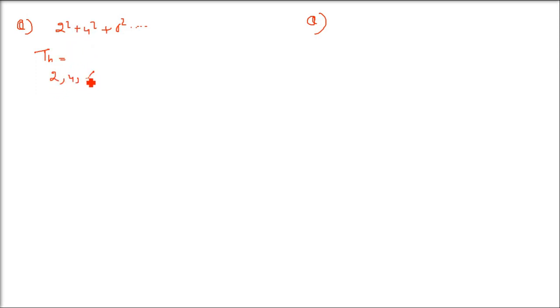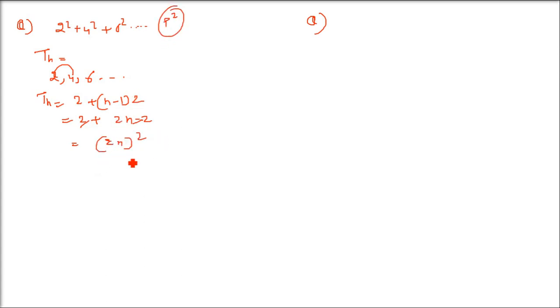So what is Tn? 2, 4, 6 is there. So Tn will be a, which is 2, plus n minus 1 into d, where d is 4 minus 2, which is 2. So 2 plus 2n minus 2, so Tn is 2n. Then its square is 2n square, that will be 4n square.